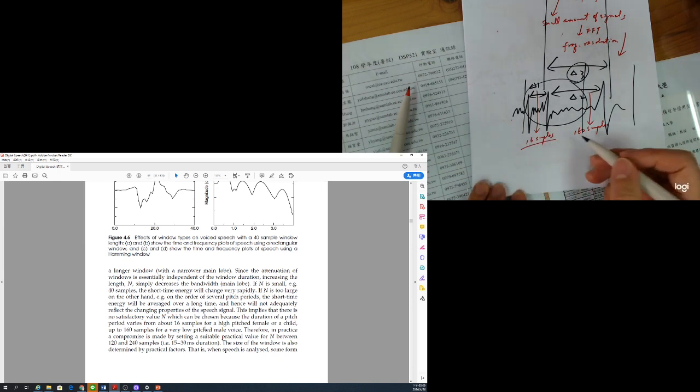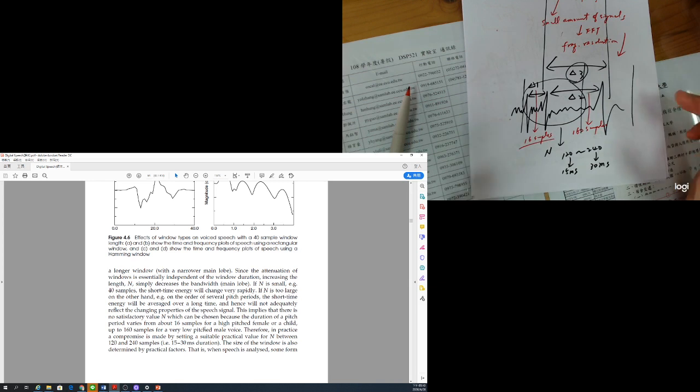Sometimes the frame size could be 120 up to 240 samples. 240 samples is close to 30 milliseconds, and this one could be around 15 milliseconds, depending on your application.